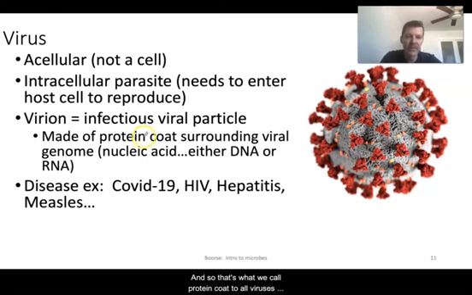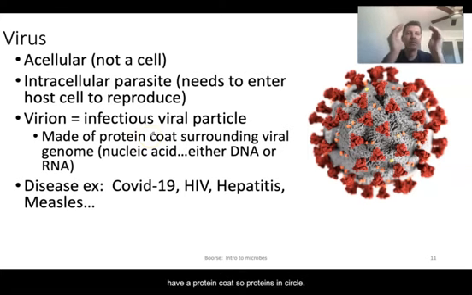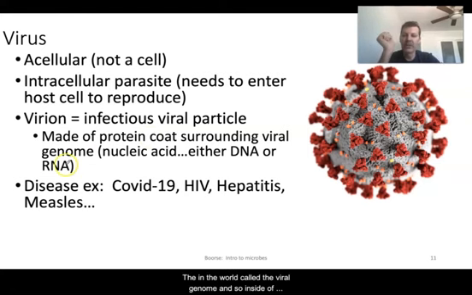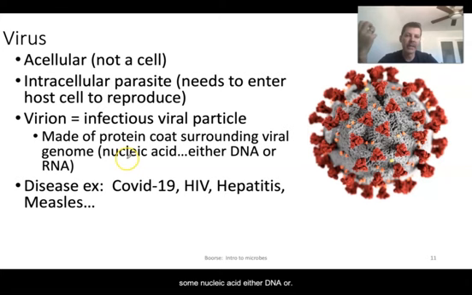So all viruses have a protein coat. So proteins encircle what we call the viral genome. And so inside of this protein coat is where the viral genome is located. And so the genome is some nucleic acid, either DNA or RNA. It depends upon the virus.